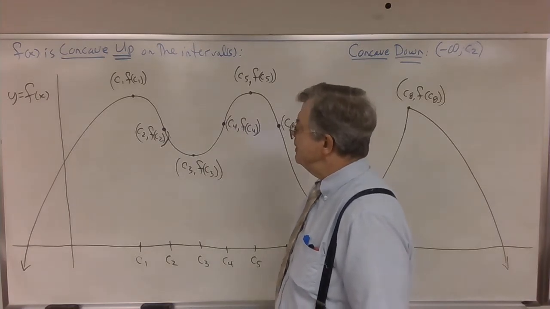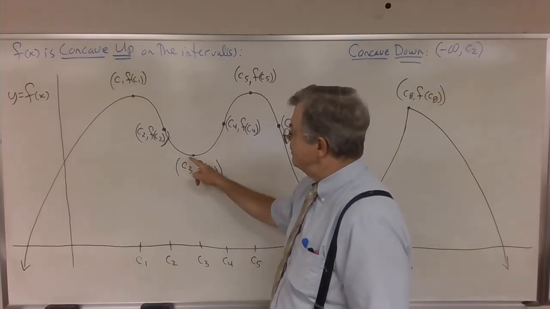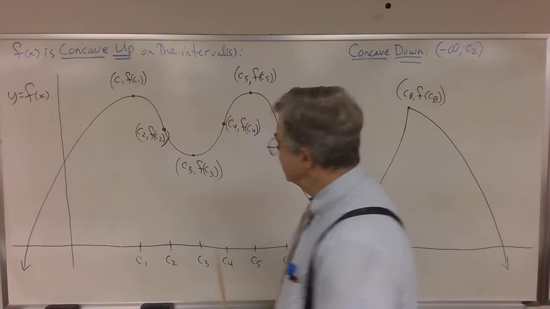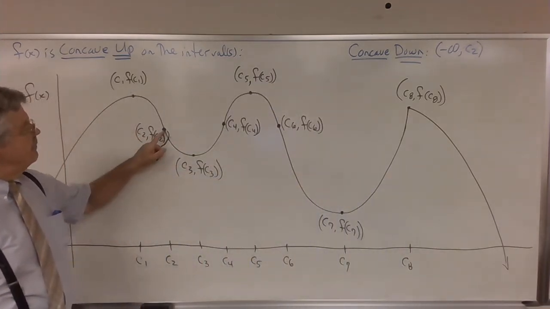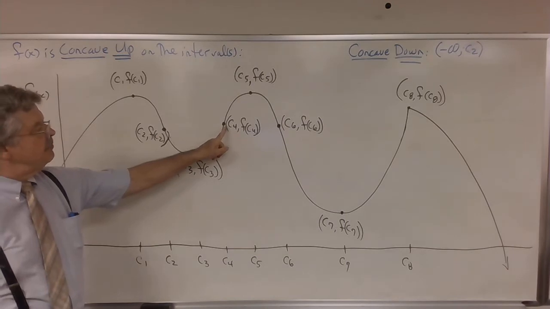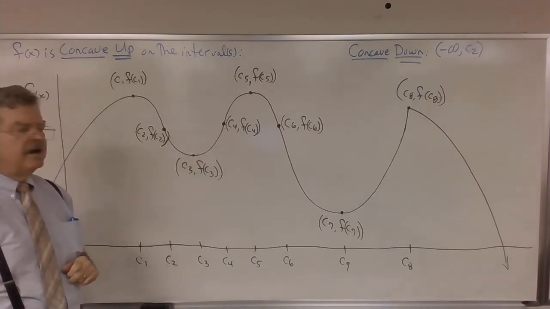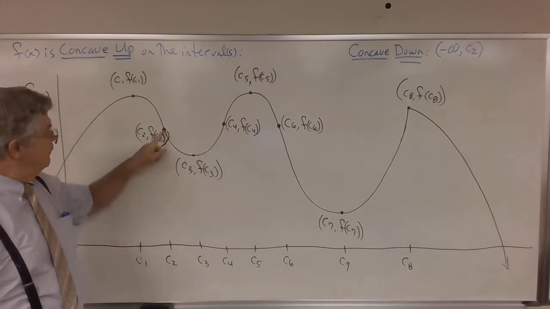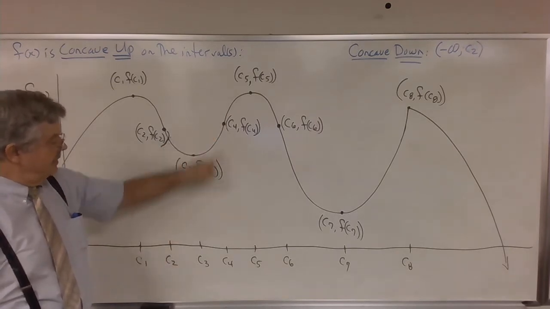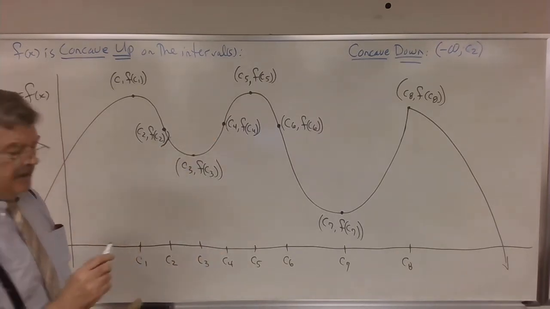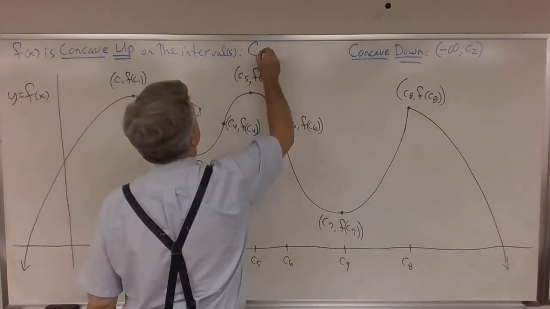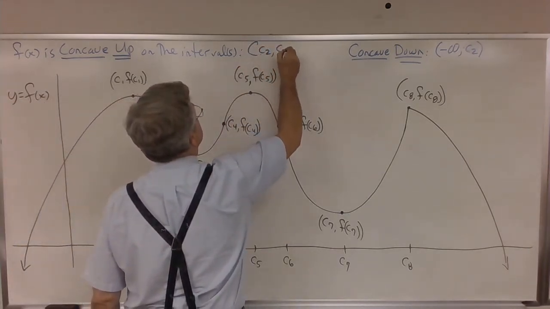So I don't see the graph changing concavity from here to here. I think that from this point to this point, the graph is concave up. So from C2 to C4, I think the graph is concave up. C2, C4.